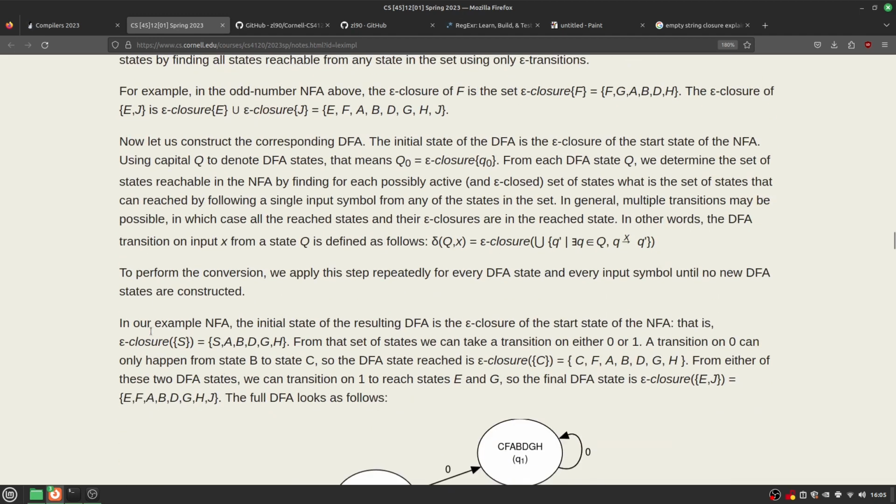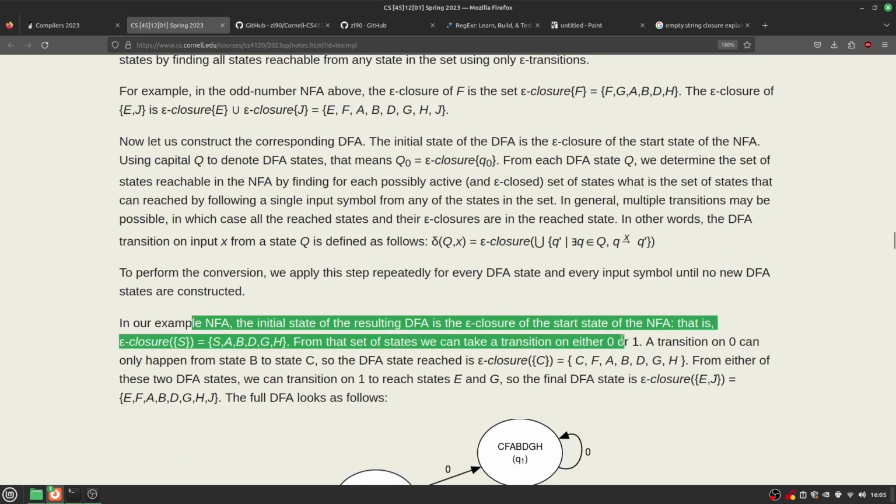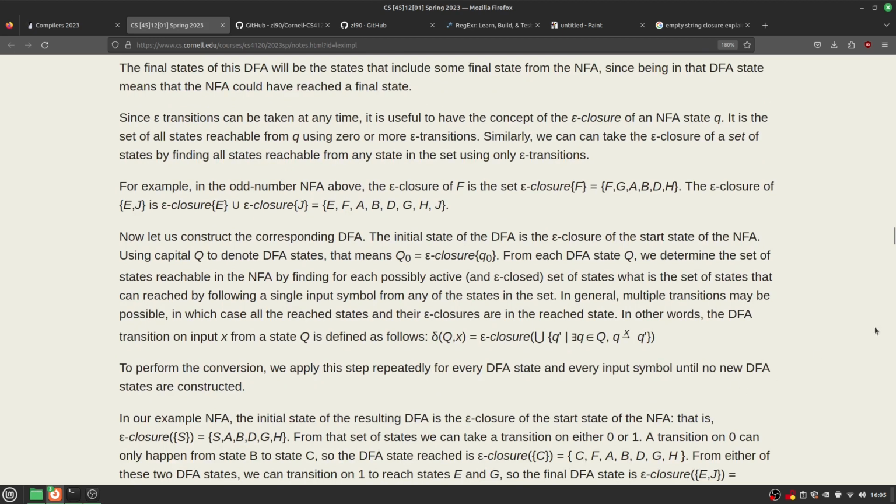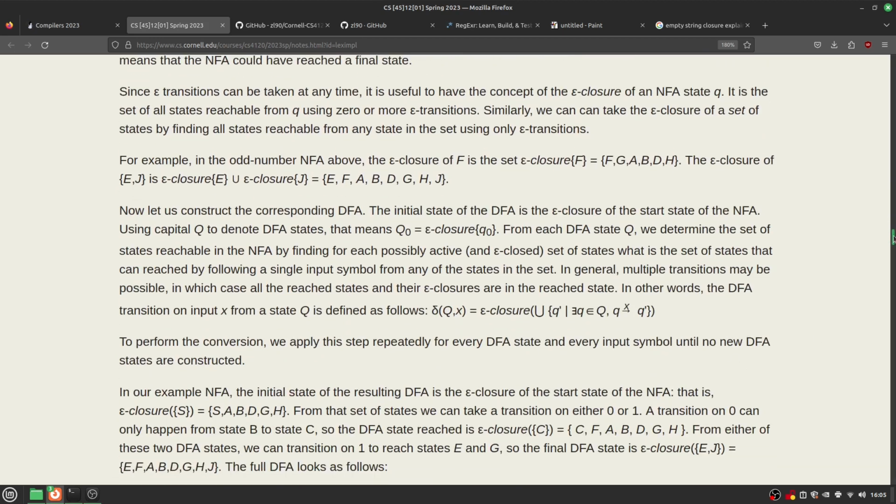In the example NFA, the initial state of the resulting DFA is the e-closure of the start state of the NFA. From that set of states, we can take a transition on either 0 or 1.